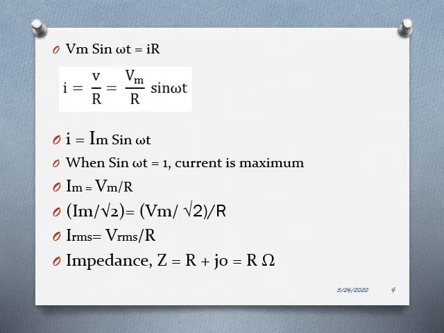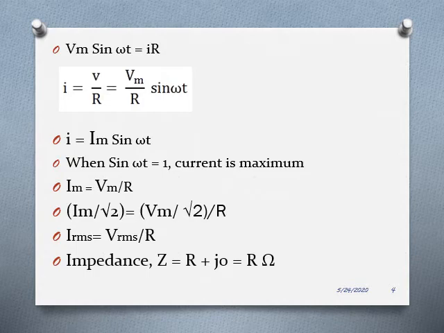Now the impedance of such a circuit. In an AC circuit, we always talk about the impedance of a network. It is not merely the resistance that can happen in an AC circuit. So impedance is said to be a combination of resistance and reactance. But in this particular case, a purely resistive circuit, there is no reactance, there will be only resistance.